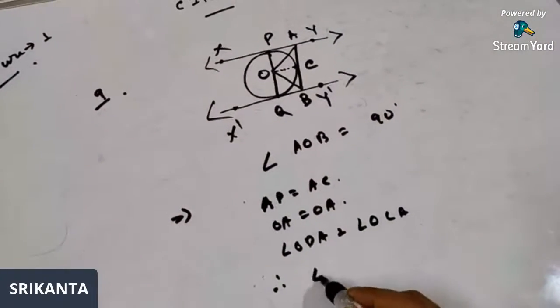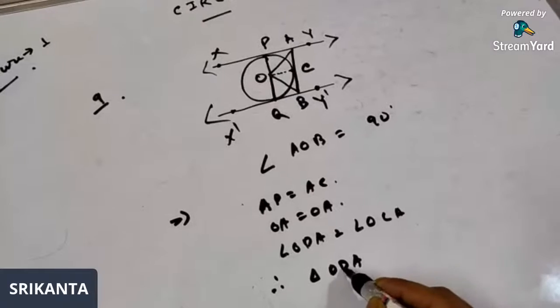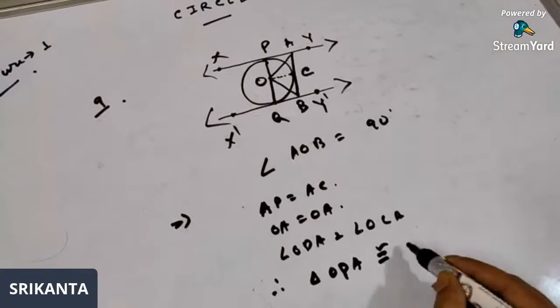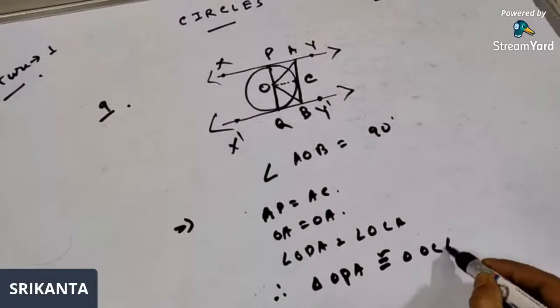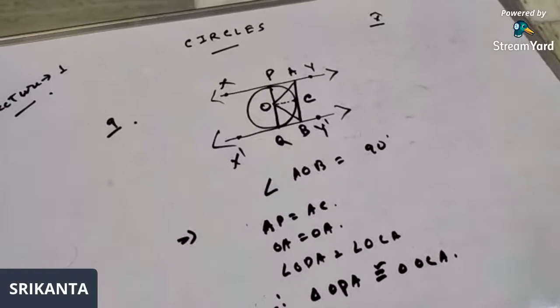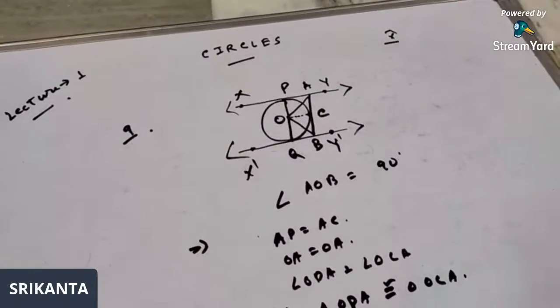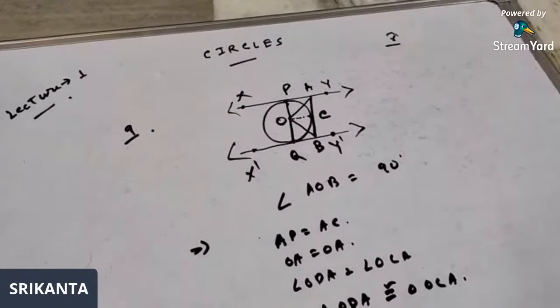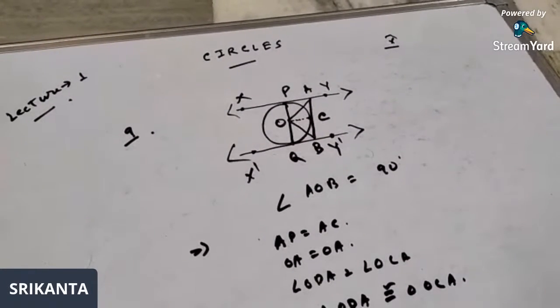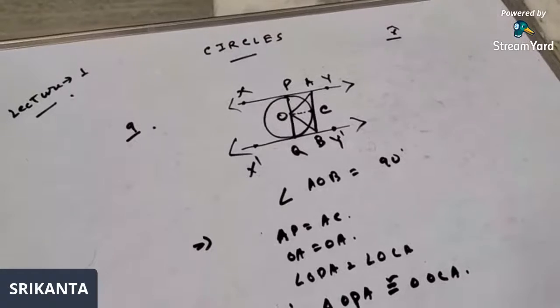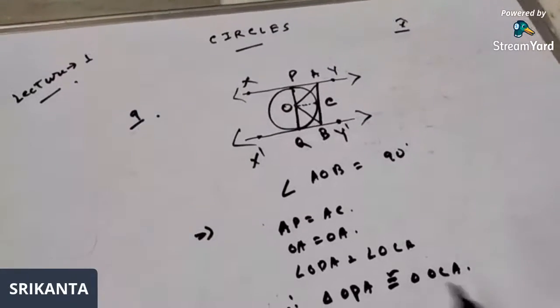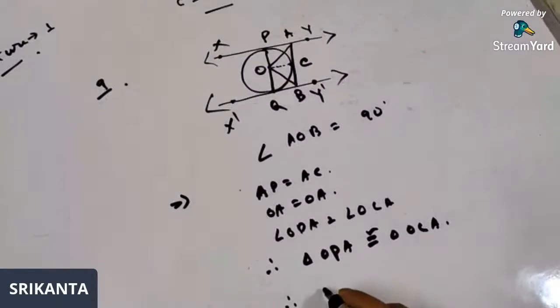These are 90-degree. Therefore, triangle OPA is congruent to triangle OCA. Understood? Both are 90-degree. Therefore, what can we say?